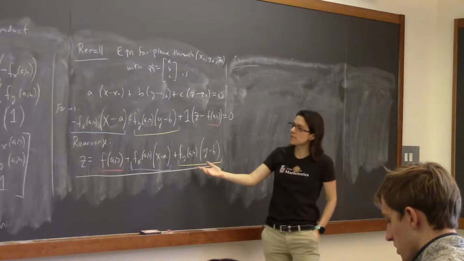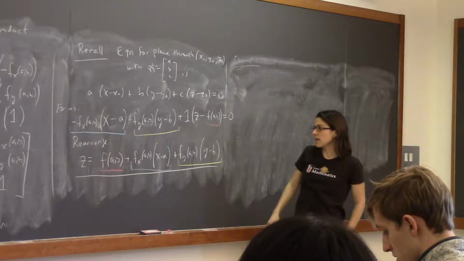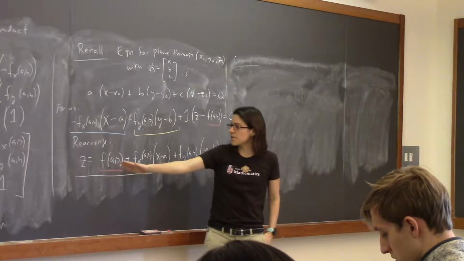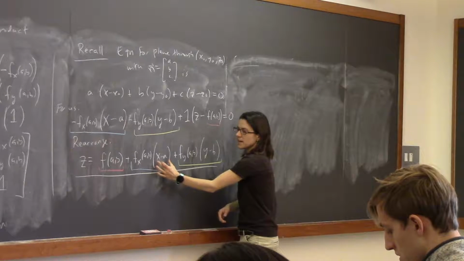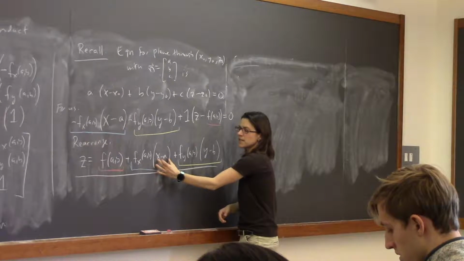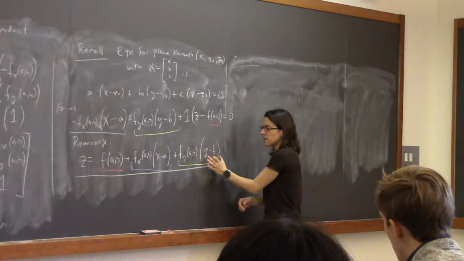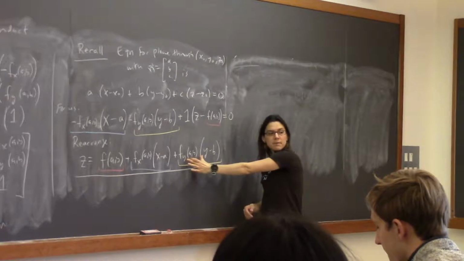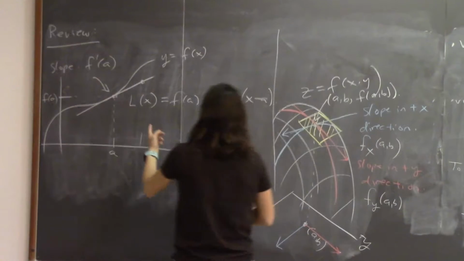I like this form because it looks very similar to the tangent line equation. You start with the value at that point, and then this is how far you moved in the x direction. However far you moved in the x direction, multiply it by the slope in the x direction. However far you moved in the y direction, multiply it by the slope in the y direction. So that's exactly like point-slope form back over here in one dimension.